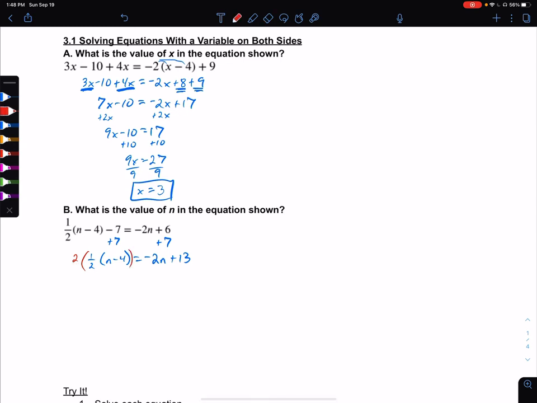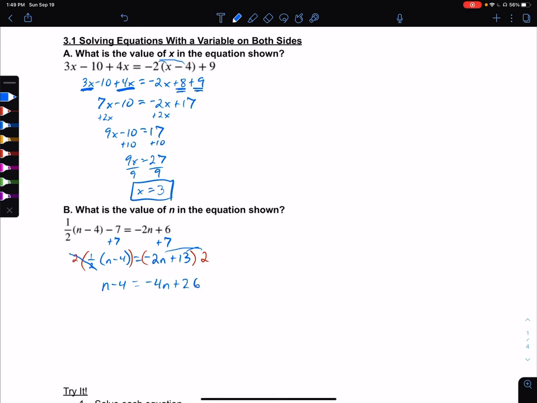And remember, whatever you do to one side of the equation, you have to make sure you do to the other. So these are going to cancel one another out. I'm left with n minus 4, and then this 2 gets distributed. You want to multiply that entire right side by that 2. So we get negative 4n plus 26.